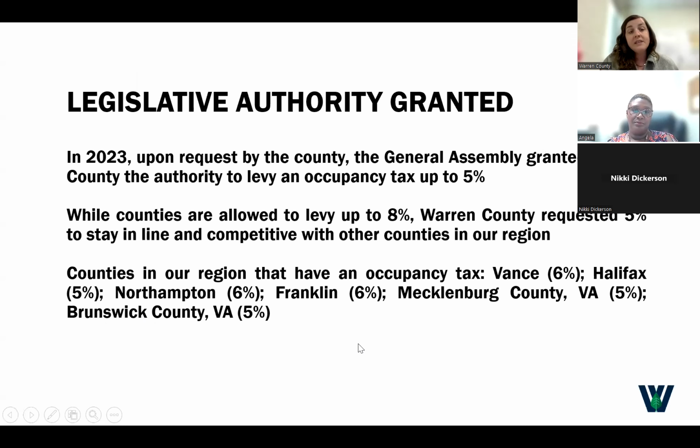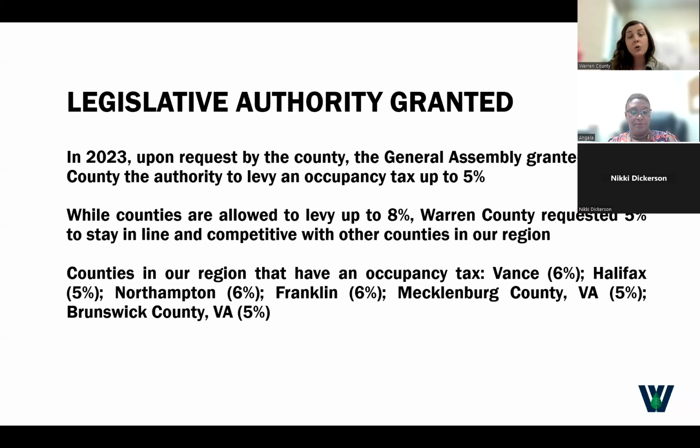Warren County received the authority to levy an occupancy tax in 2023. Counties are allowed to go up to 8%. When we spoke with our representative about taking this through the General Assembly, we requested to be able to levy up to 5%, so not taking that full 8%.